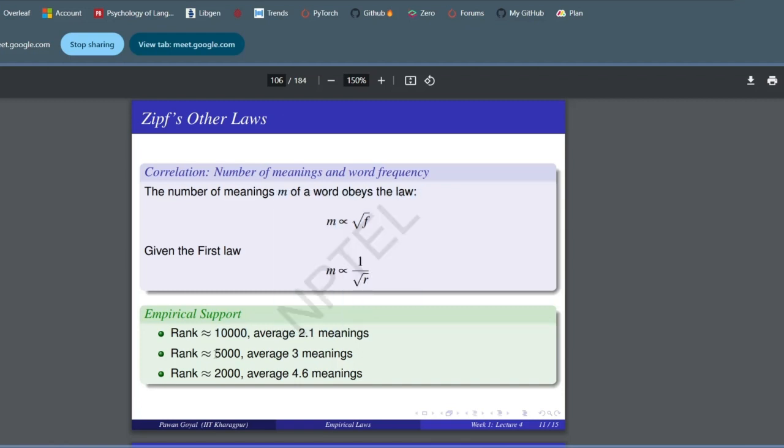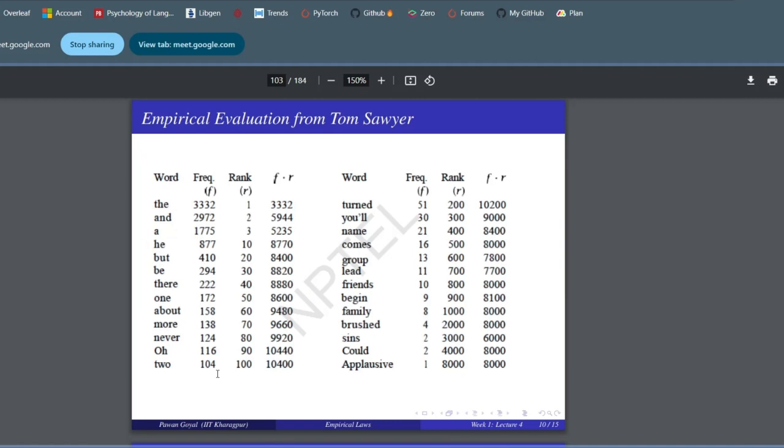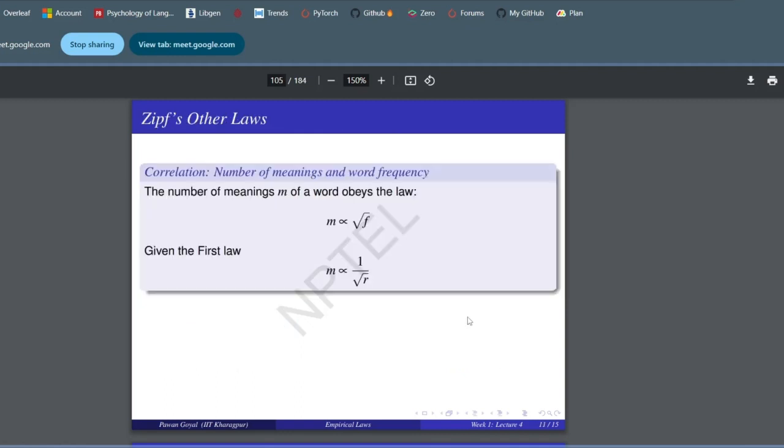And if you take a word with rank, say 2000, it would have a higher number of meanings, approximately 4.6.